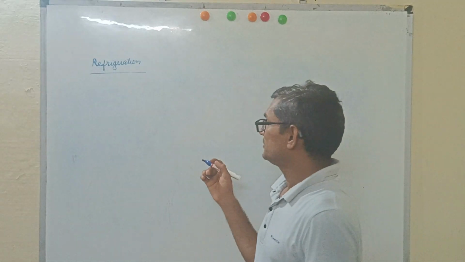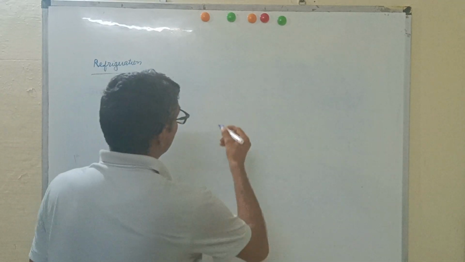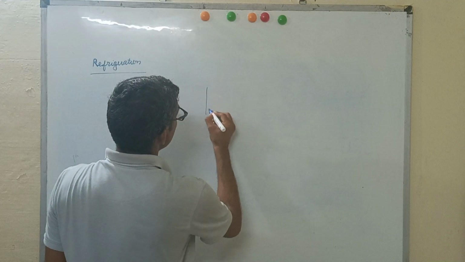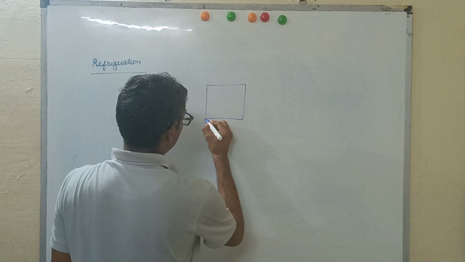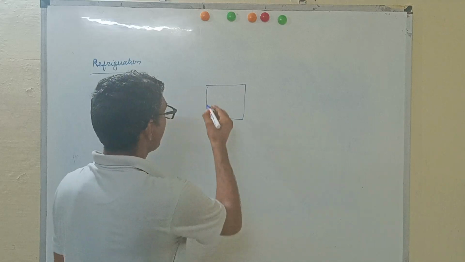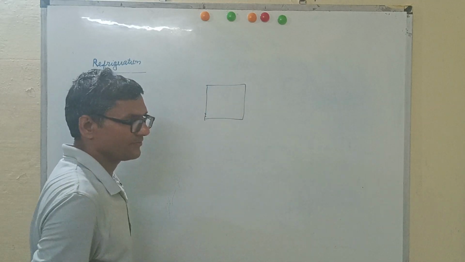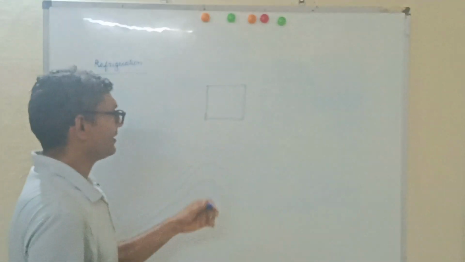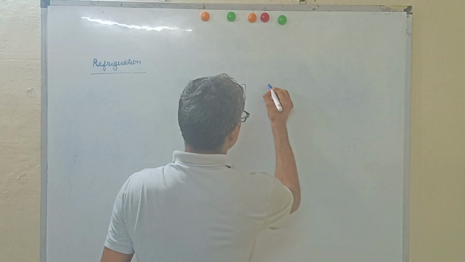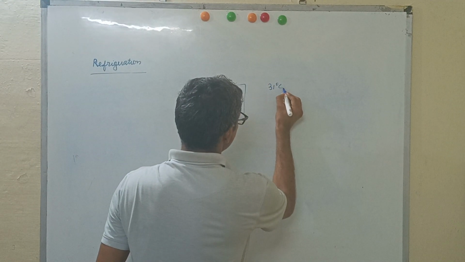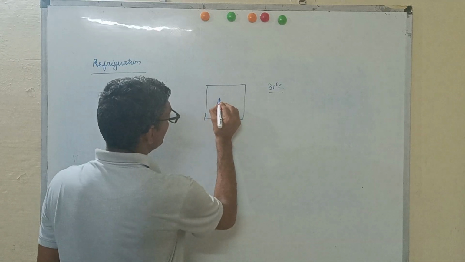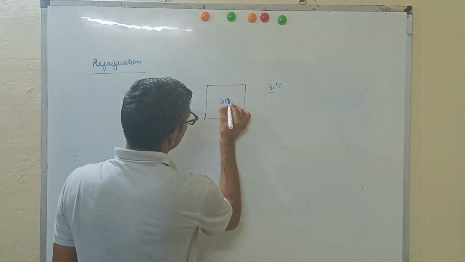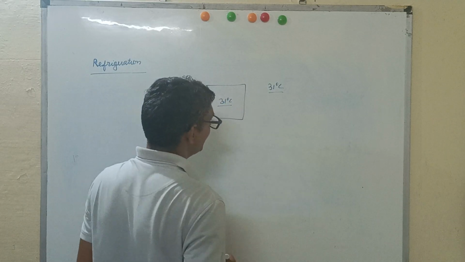For example, I am just taking this space. Now the ambient condition is, suppose, 31 degrees centigrade, and inside also 31 degrees centigrade.